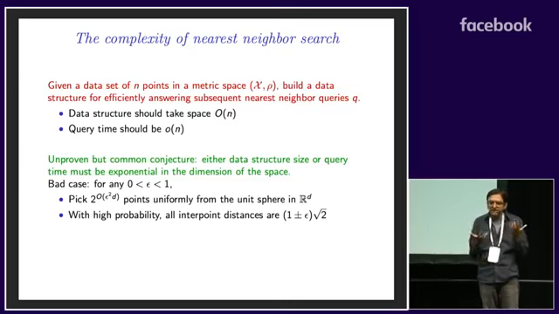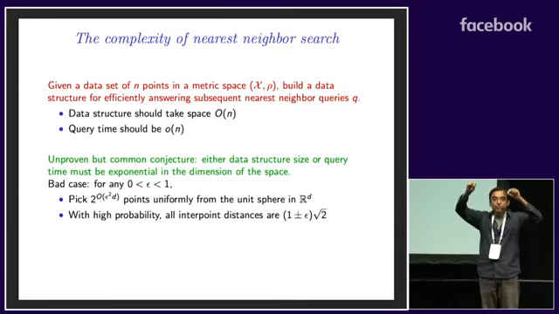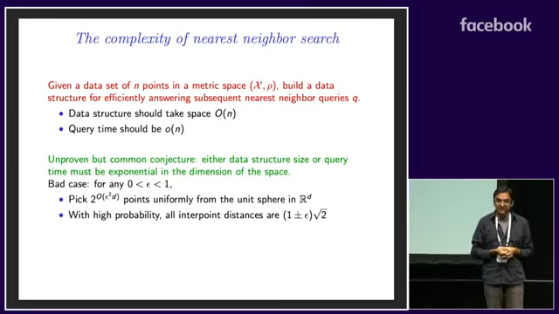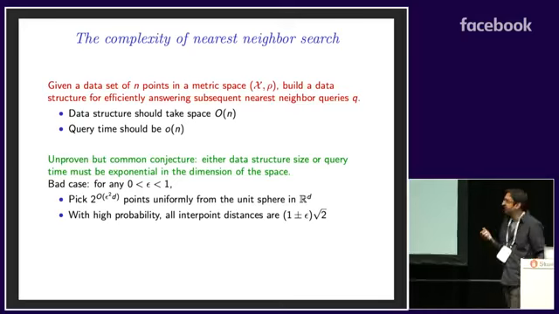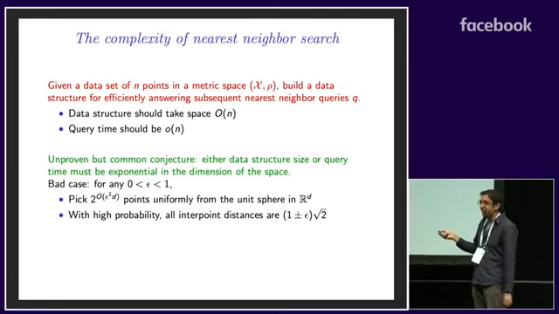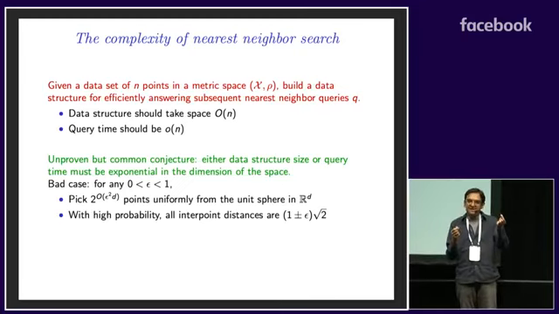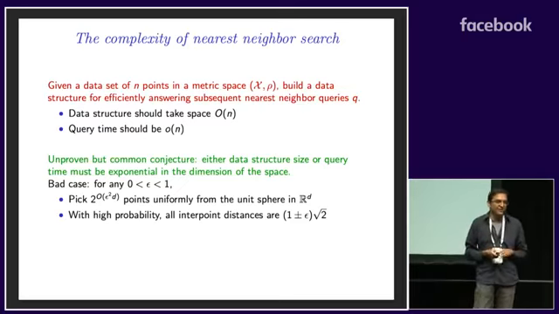One of the weird things about high dimension is that if you pick points at random, you can pick about 2 to the d points, and they'll all be roughly the same distance from each other. That's bad, right? The typical distance will be square root 2, and the points will all be between 0.99 square root 2 and 1.01 square root 2.